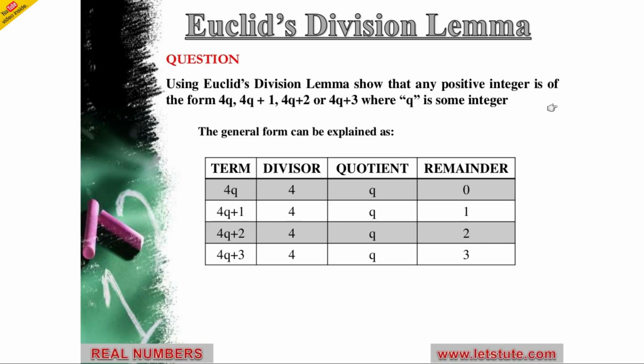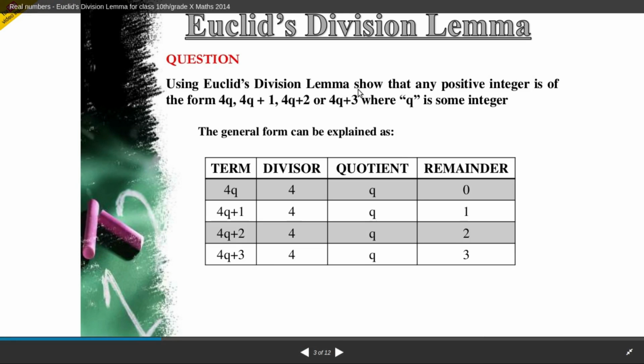First understand the problem and then start solving. What we need to show is that any positive integer is of the form 4q, 4q plus 1, 4q plus 2, 4q plus 3, and q is some integer. This is the given statement and we need to prove it.